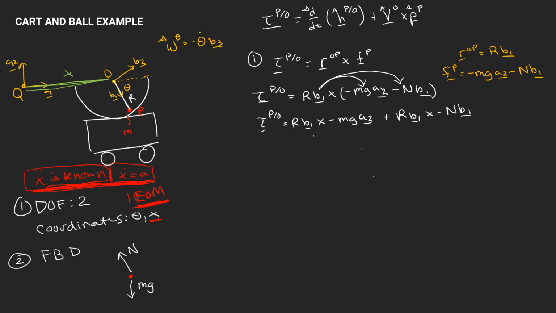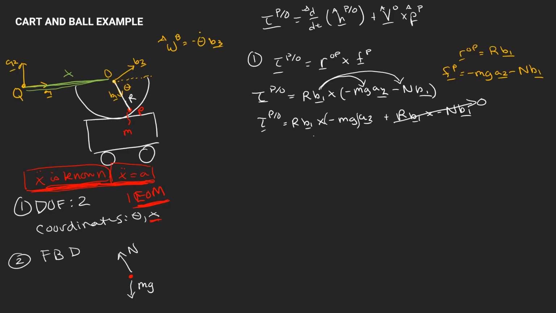And this last term, because both are written in terms of B1, goes to 0. And so what we're left with is calculating this cross product here. And again, we have two different reference frames here, right? So we have R and B1 and negative mg and A2.